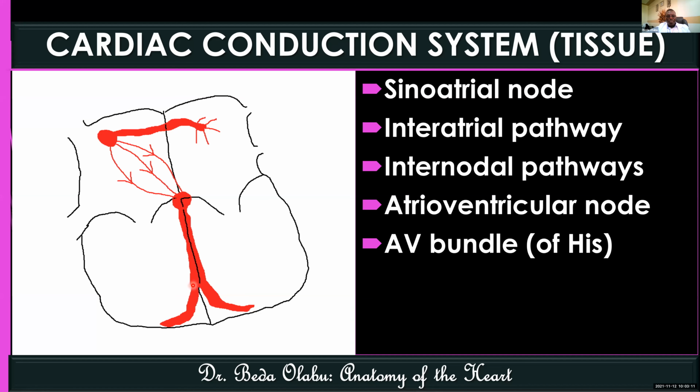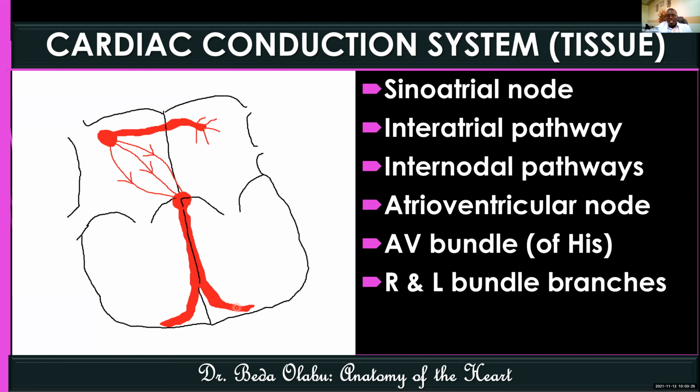But it's this right bundle branch that was located within the moderator band. The left bundle branch usually divides into two as well. So you can talk of the left anterior bundle branch and the left posterior bundle branch.